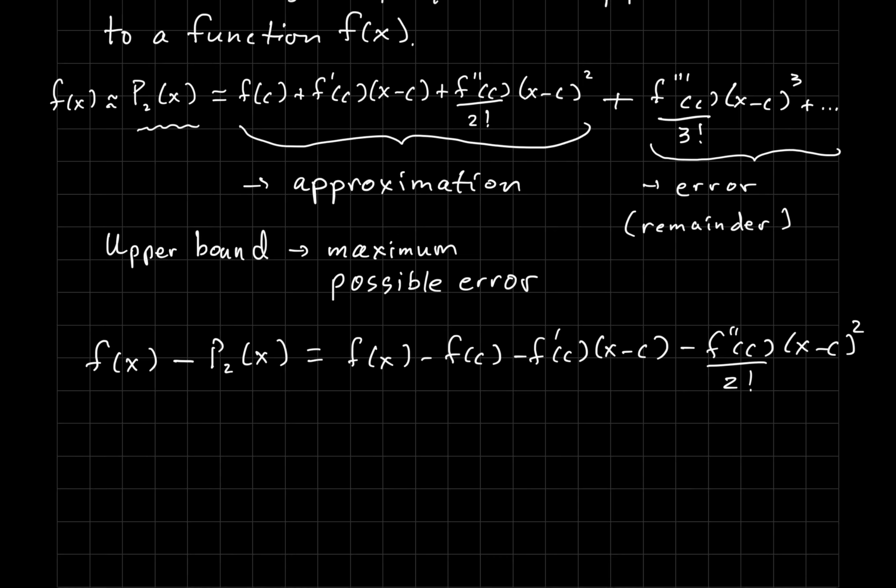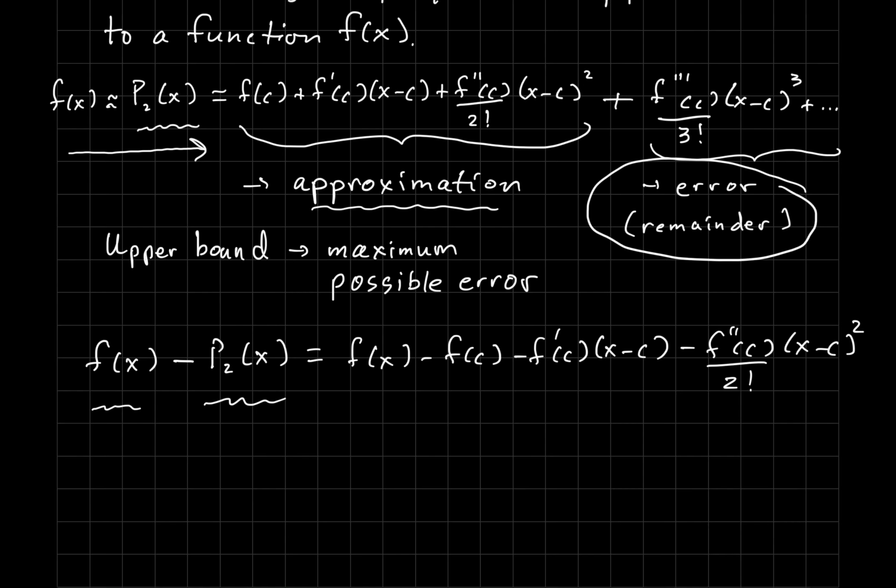So what happens if I take f and subtract off my approximation? We'll look back up here. If I take f and subtract my approximation, I get exactly the error.